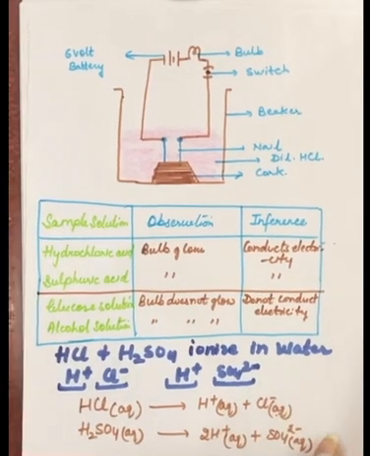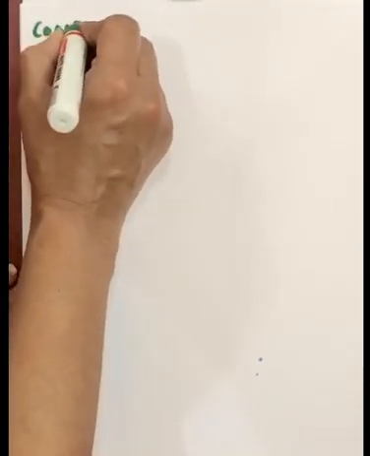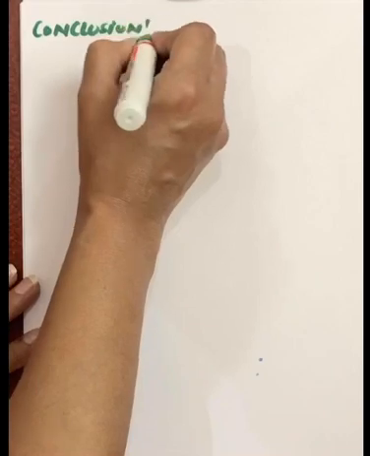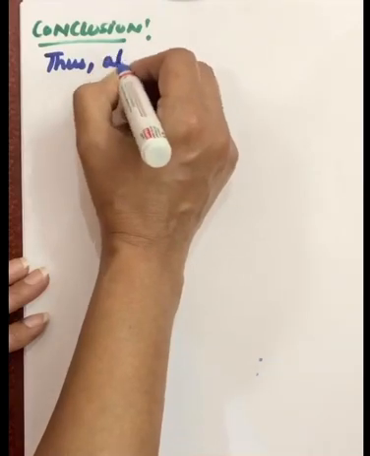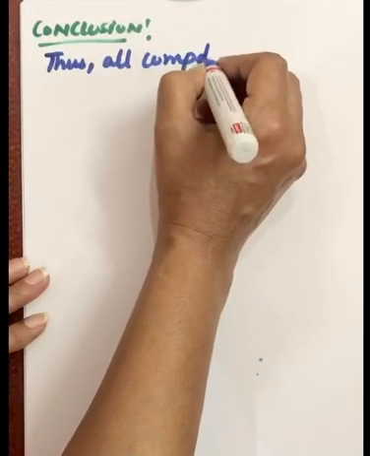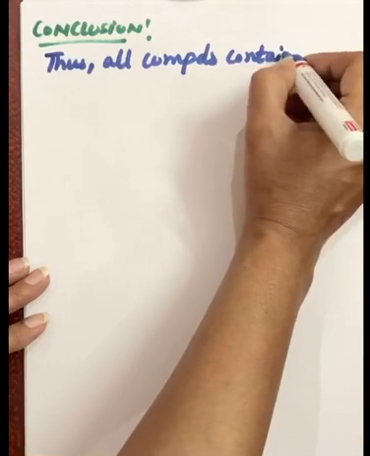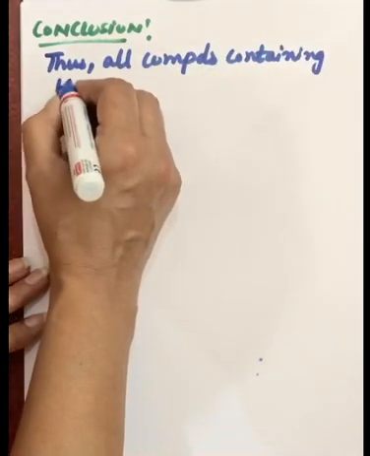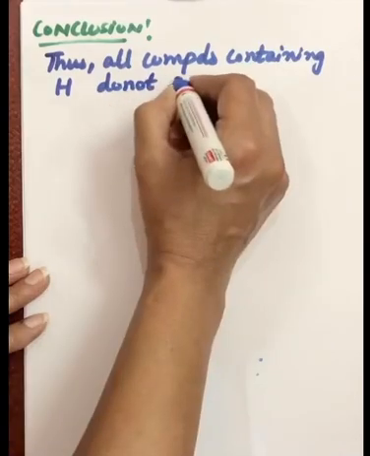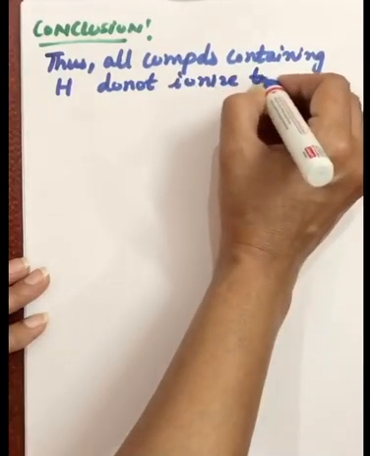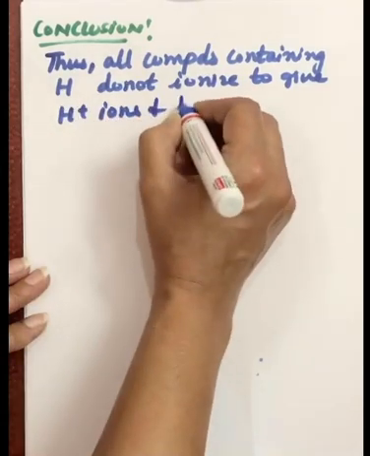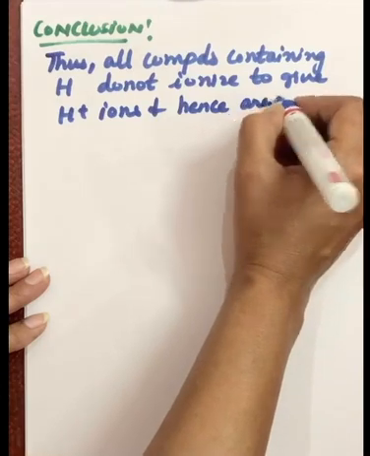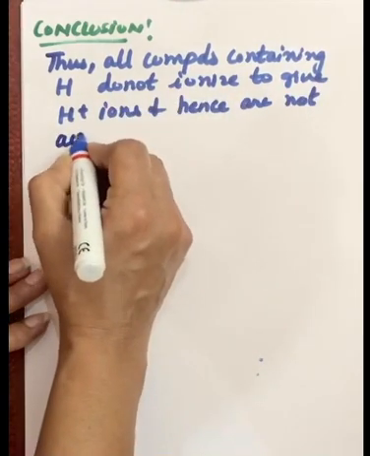So what will we conclude from this whole thing? The conclusion that we are making from this whole thing is, thus, all compounds containing hydrogen do not ionize to give H plus ions and hence are not acids.